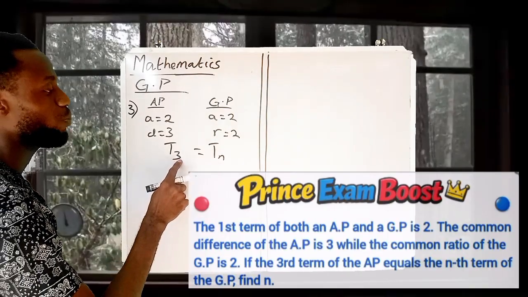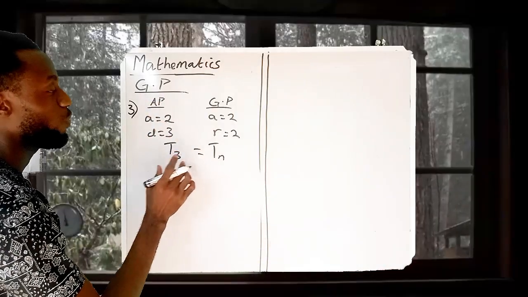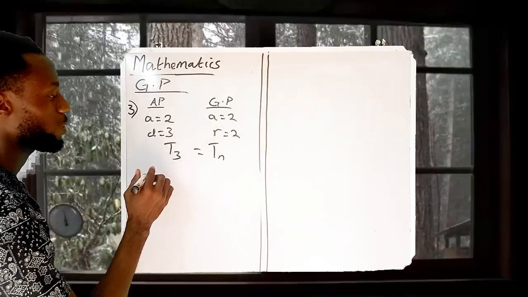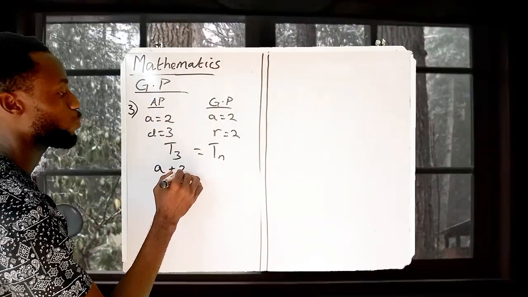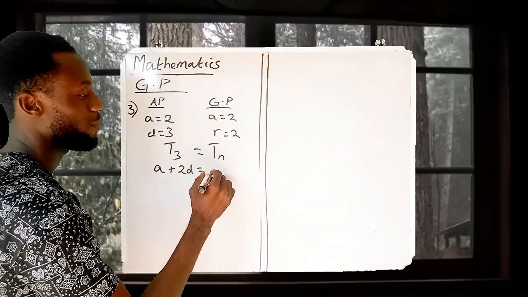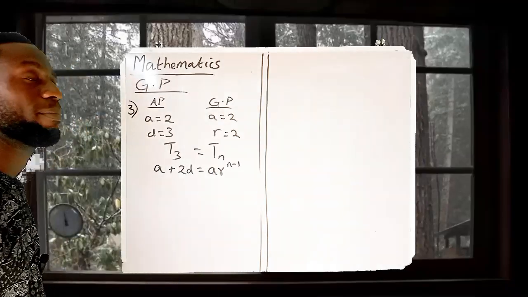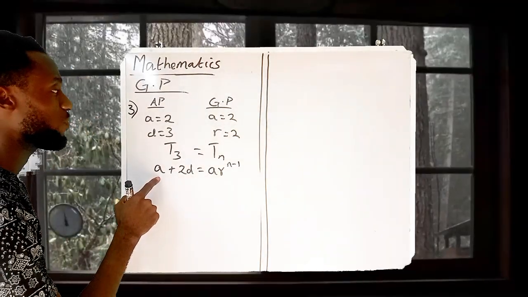We will just open up the expressions following the law. For AP, we know that the third term is supposed to be a plus 2d. While for GP, we know that the nth term is given by the formula ar raised to the power n minus 1. What is the first term here?